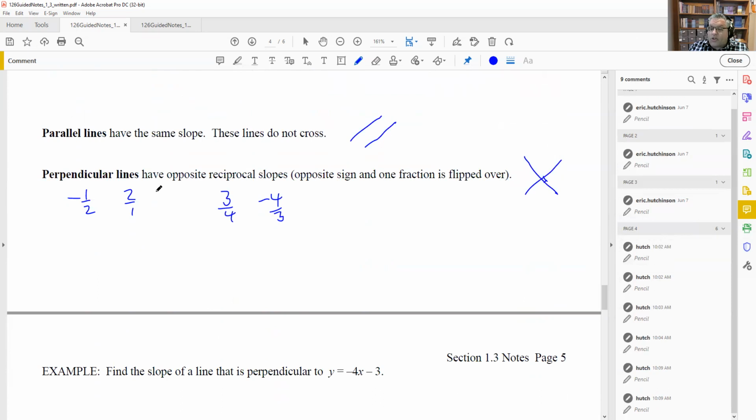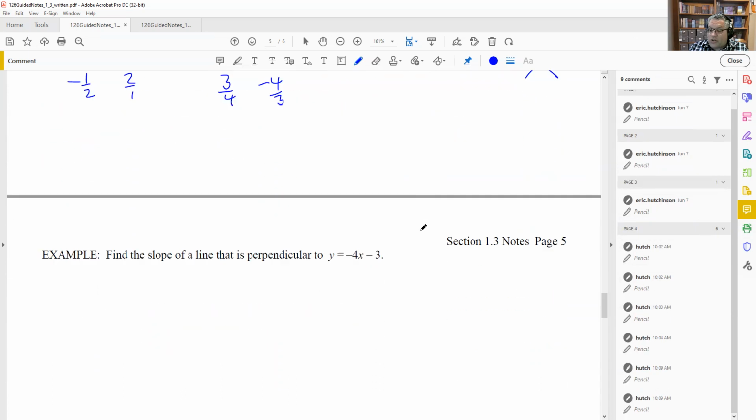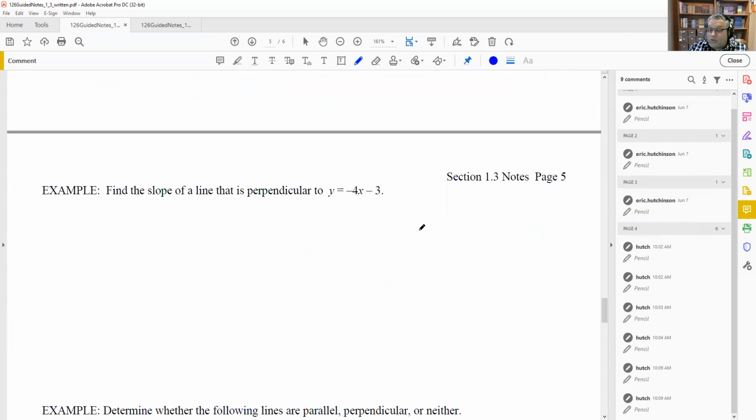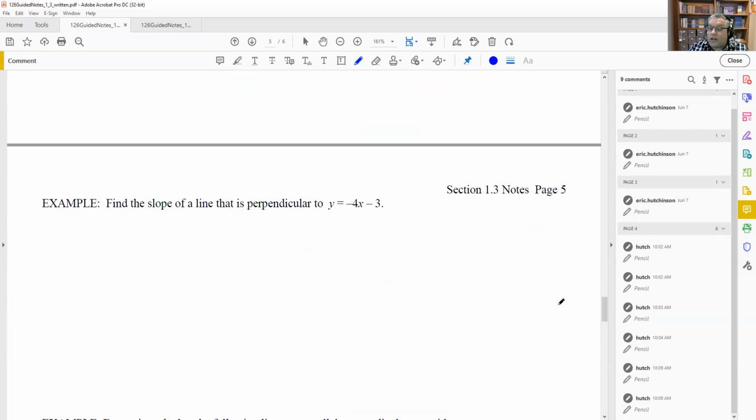So we're going to use all this on these next couple of problems. This one says find the slope of a line that is perpendicular to -4/x. Okay, so I need to find the slope of a line that would be perpendicular to this one. If it's perpendicular to this one, that means it has to have the opposite reciprocal slope of the one that's given.